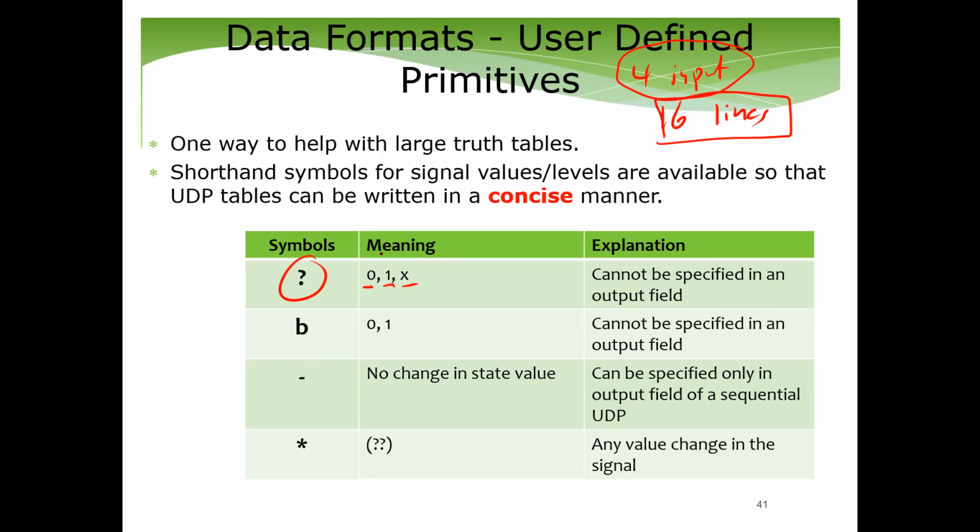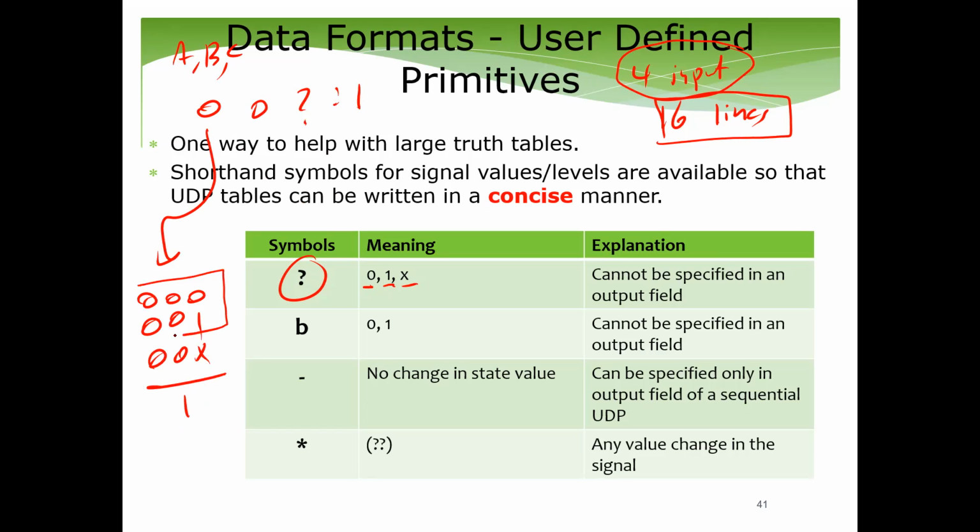So if your input is 0 or 1 or unknown, you give it a certain value. For example, if I have ABC, 3 inputs, and I write 0 0 question mark, and this gives me 1, it means that if your input is 000 or 001 or 00 unknown, your output is equal to 1. So I reduced 2 entries of my table. Instead of writing 8 I can write 7 because these two cases are going to be the same.